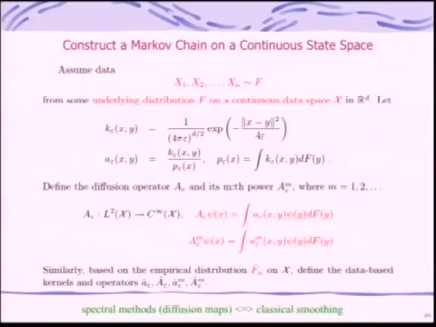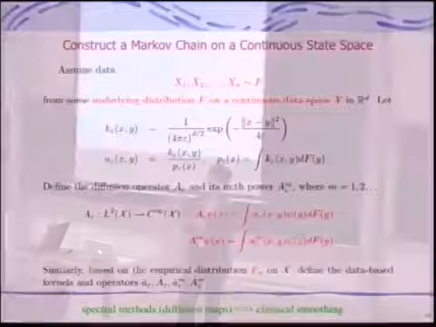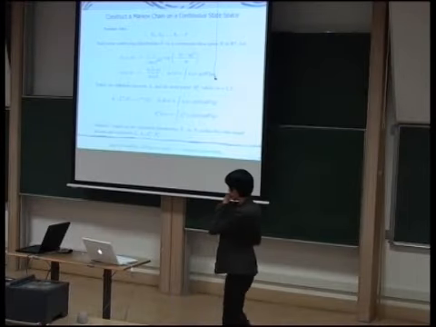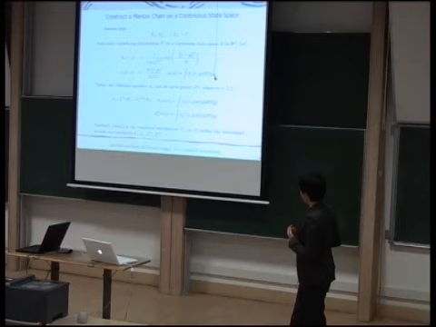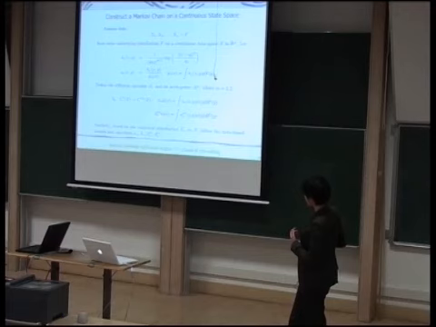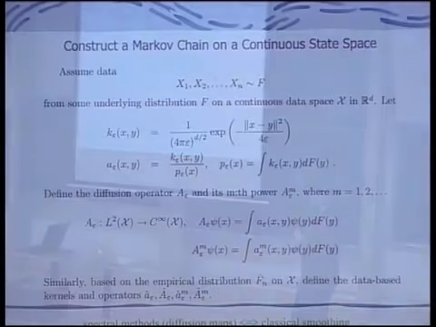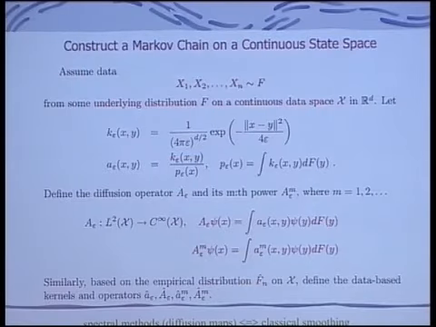And the question is, what is the limiting diffusion process? And what is the population quantity we want to estimate? So for finite epsilon, all the geometry on a certain scale m is captured in the power of these operators. Once you know that, you know the diffusion distances and all other information that we've been computing.